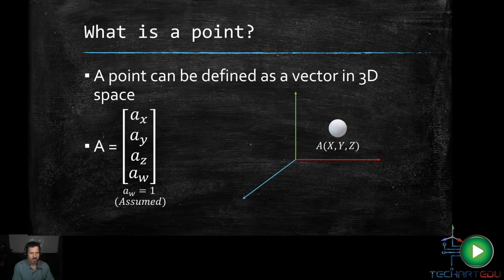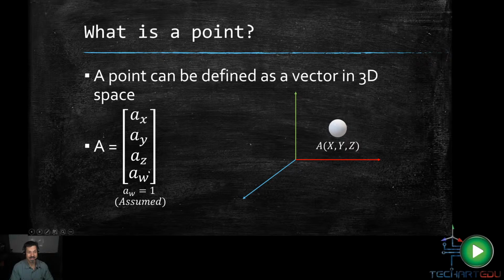So just for an example here, let's assume that we have a point in space. A point can be defined as a vector in 3D space, right? We identified last week that a point A can be identified as a vector where you have the x, y, z, and the w component all listed in a column.